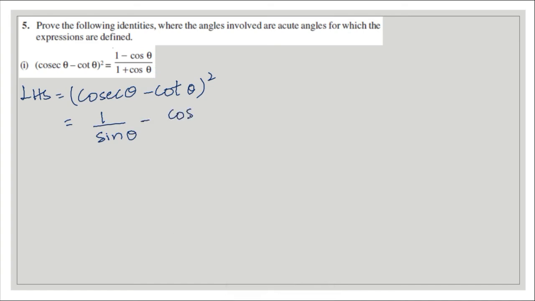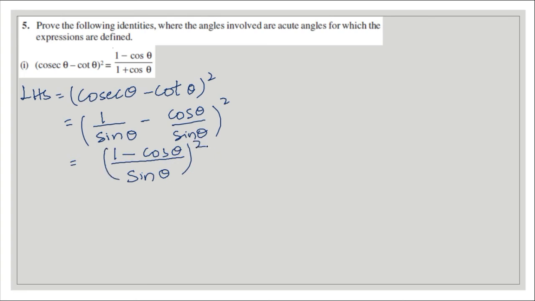So cot is written as cos theta by sine theta whole square. Now take the LCM. The LCM is sine theta and the numerator becomes 1 minus cos theta. I need to square.